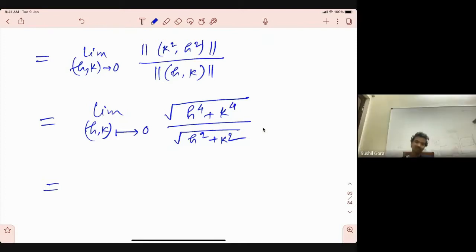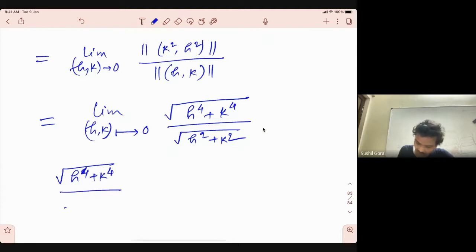But in mathematics, you need to give a precise argument. You first see that this is a positive quantity, so you give an upper bound. The square root of h to the power 4 plus k to the power 4 over the square root of h square plus k square is greater or equal to 0.